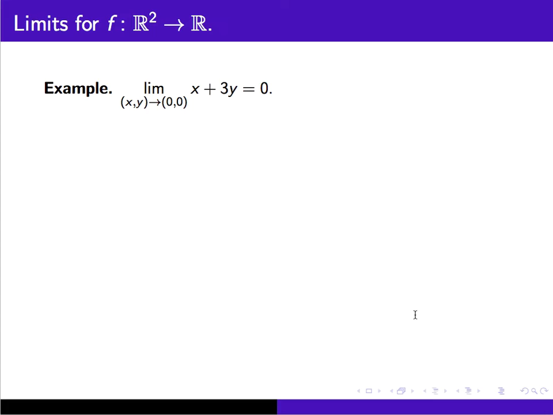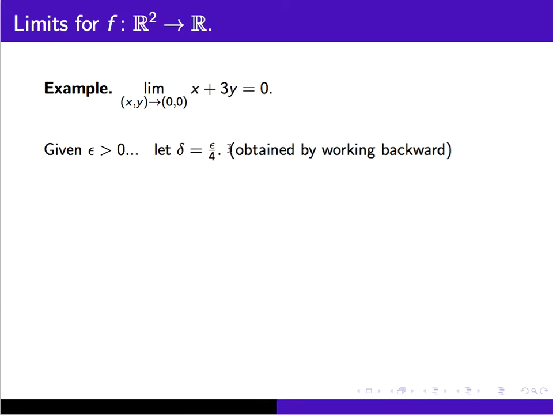In order to see why this is true, we need to say that given an epsilon, we can make our error in approximating 0 by x plus 3y less than epsilon, provided we are displaced from (0,0) by at most some number delta. Working backwards, we can find that delta equals epsilon over 4 will work. Let's verify that, and we'll talk more about working backwards in a minute.